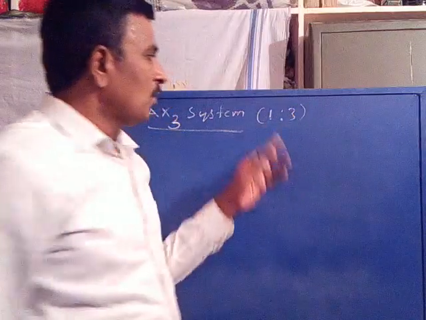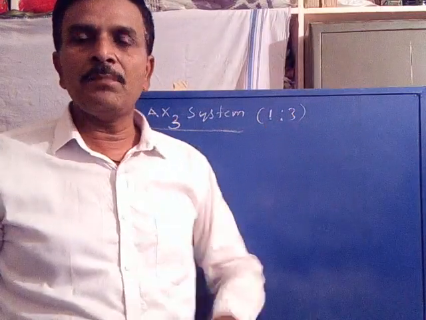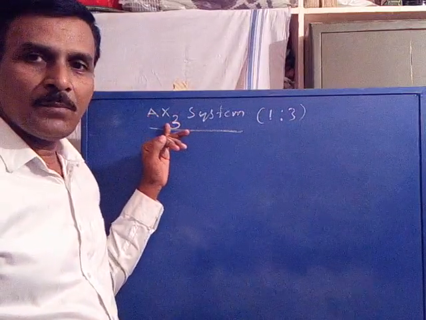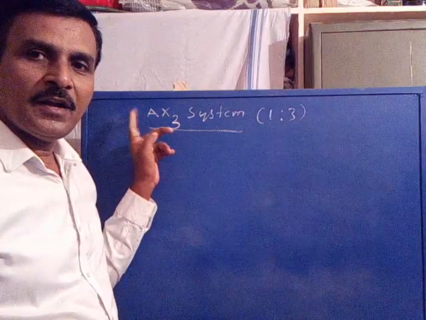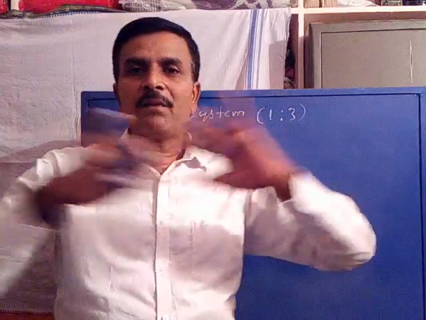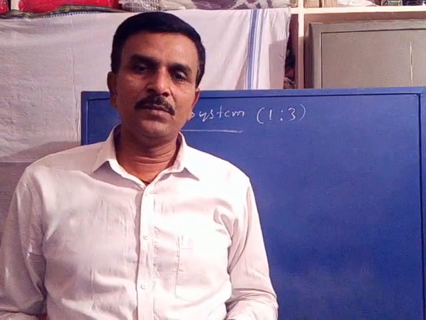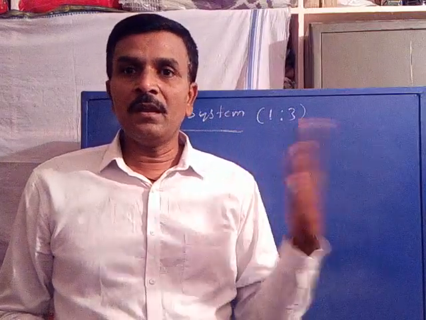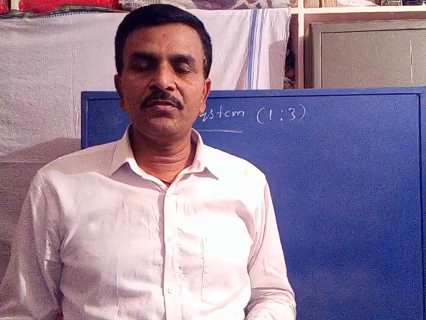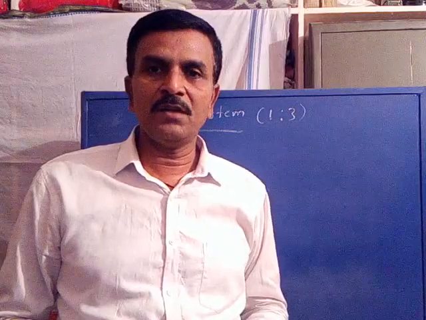That is, one set should contain one proton, the other set should contain three protons, because A has only one proton, X has three protons. Two sets of non-equivalent protons in the ratio of 1:3, coupled with each other and separated by a large frequency difference, are called AX3 systems of first order.